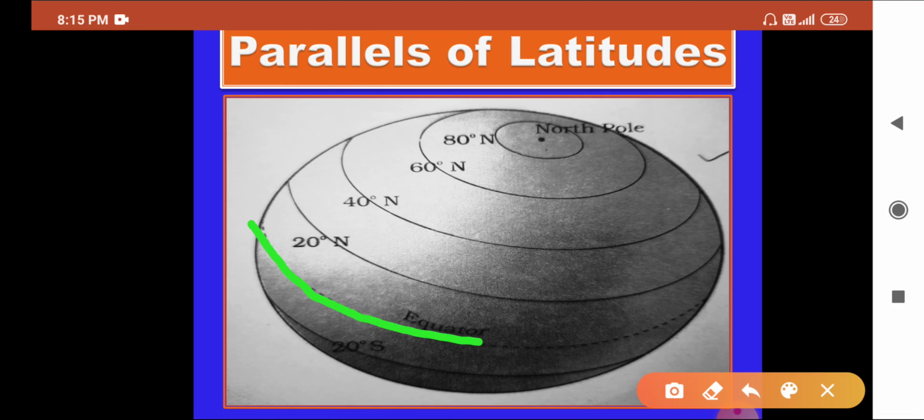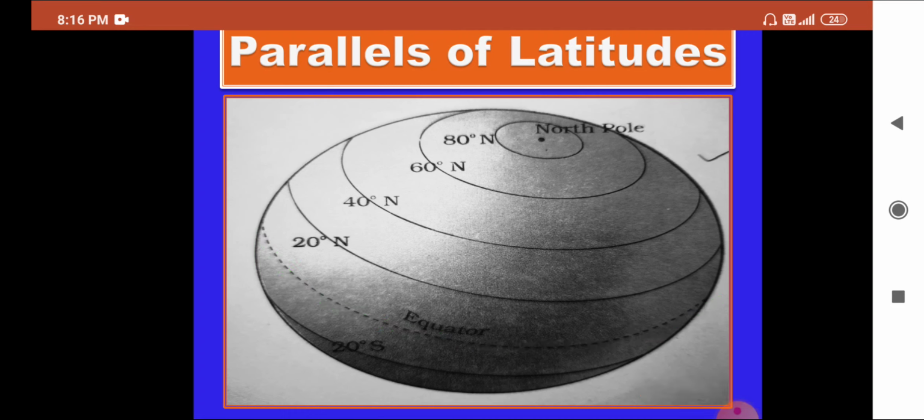I think you will easily identify this line on the earth. Then in the northern hemisphere, 20° north, 40° north, 60° north, 80° north, and then the North Pole. In the same way, in the southern hemisphere, 20° south, 40° south, 60° south, 80° south. So you have to understand these points clearly.